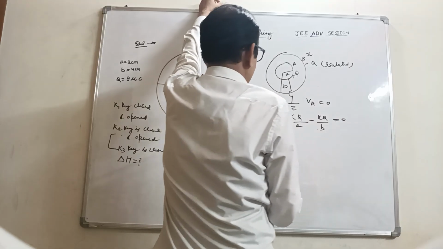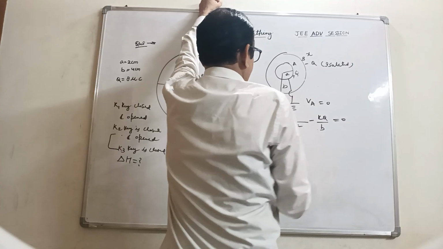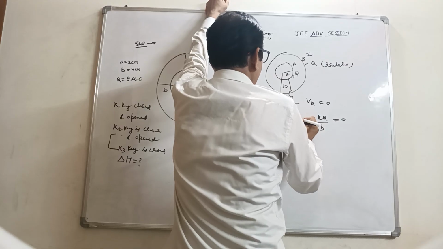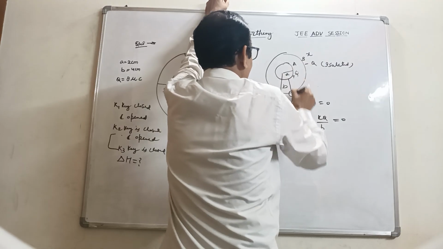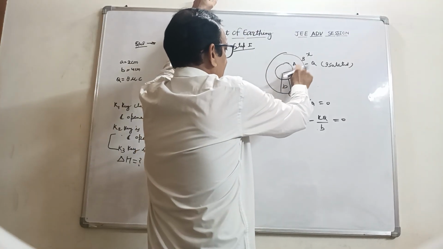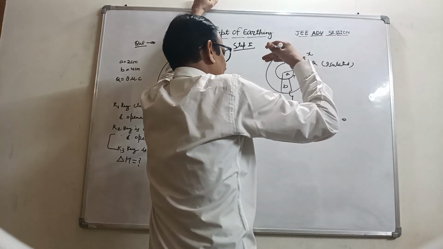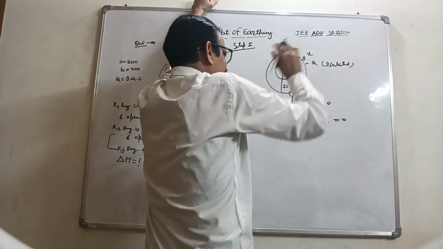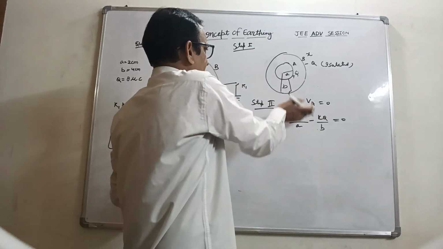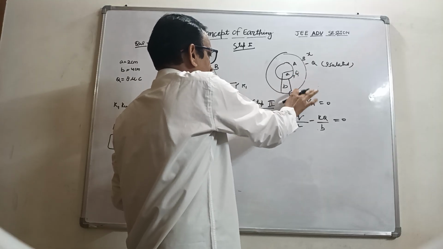Let's suppose Q' charge persists after earthing. Whatever the initial charge was, it is not affected; we consider how much charge is there in that particular situation after earthing.